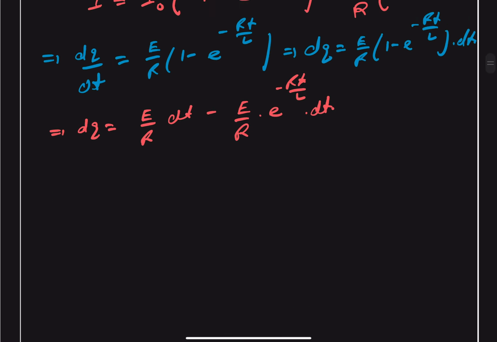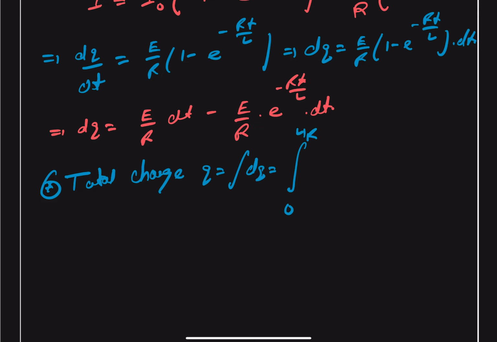So therefore we can say total charge Q is equal to integration of dq, which can be further written as integral from 0 to L by R of E upon R dt, minus integral from 0 to L by R, and here E by R can be taken as common, of e raised to power minus RT upon L multiplied by dt.